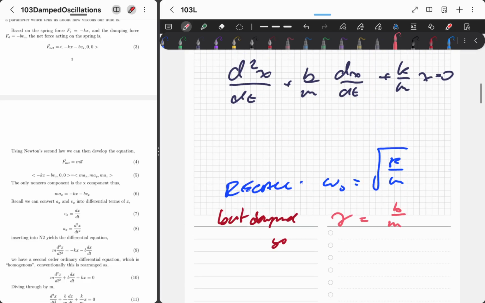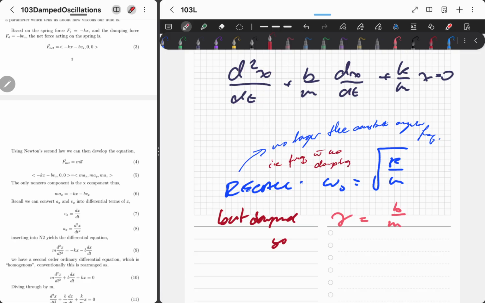It's something we call the natural frequency, okay? Omega naught is going to be the natural frequency. That's basically what the frequency would be if we had no damping, right? So that's the frequency of the ideal spring. That's the natural frequency of the system if we had no friction or damping or anything like that.